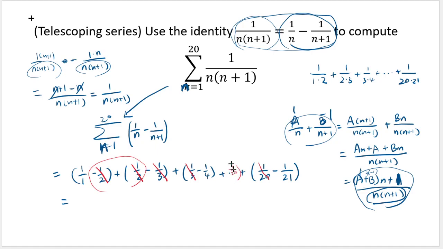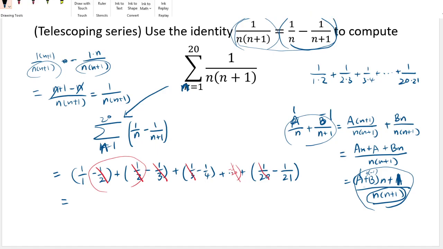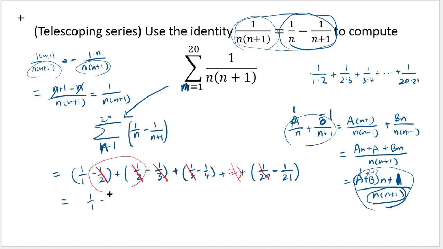And it must have this one there. It's going to cancel. But this one doesn't have any pair to cancel, so after everything is canceled out, you see that the answer must be 1 over 1 minus 1 over 21, which is, well, 21 over 21 minus 1 over 21, so that's 20 over 21. So that is the final answer. And that's called the telescoping series.